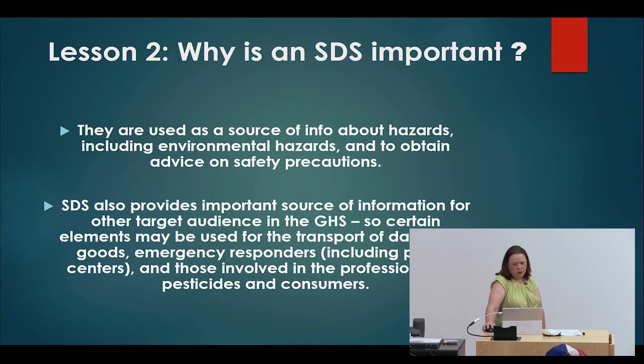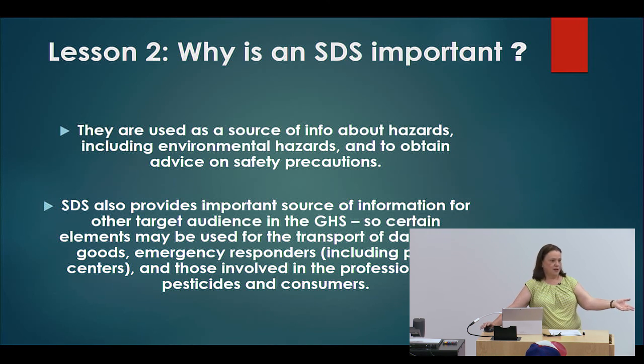SDS also provides an important source of information for other target audiences in the GHS. So certain elements may be used for transport of dangerous goods. So there's information in there if we were going to transport a chemical across to China, as I'm sure we do very often, or back from China. It's for emergency responders, which includes poison centers.